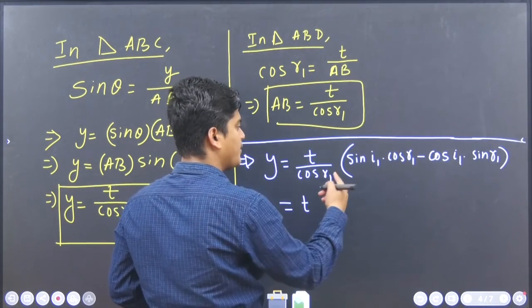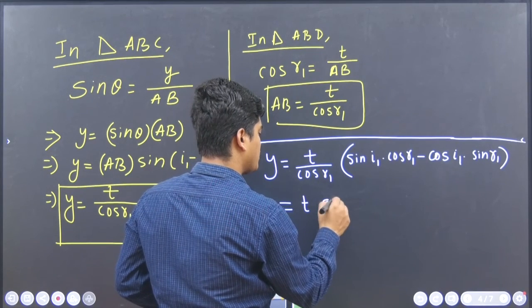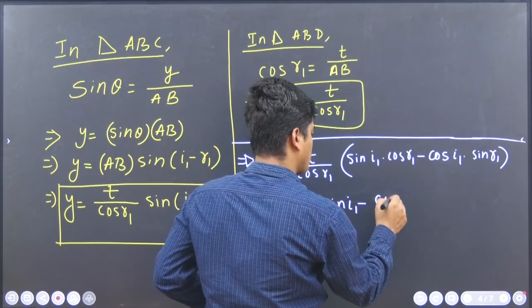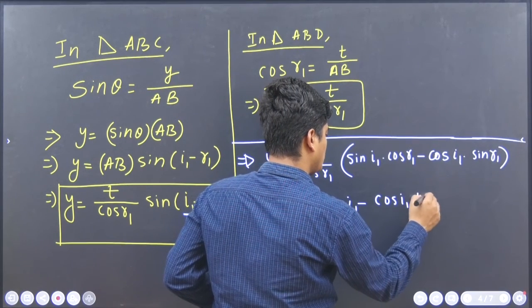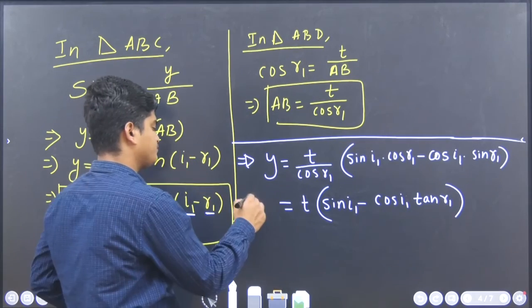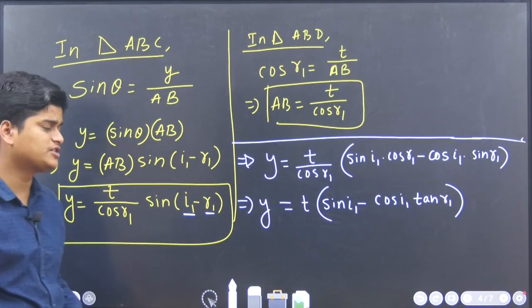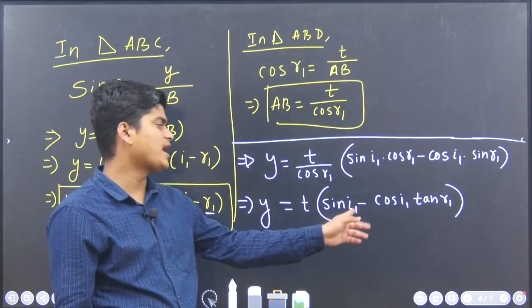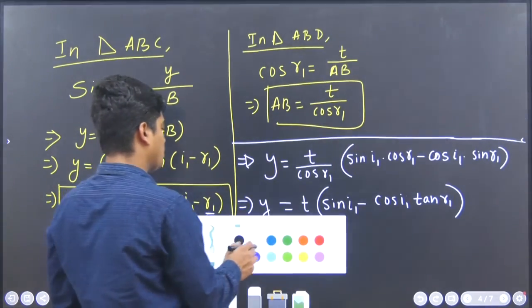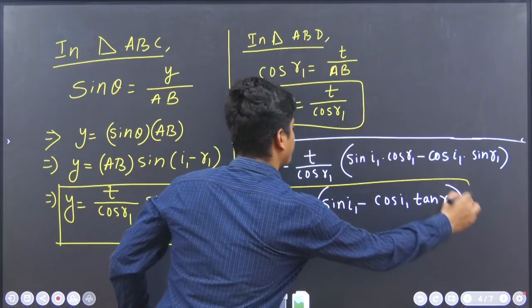Now if I divide by cos R1, it will become sin I1 minus cos I1 into tan R1. So this way also you can write lateral displacement is nothing but T times sin I1 minus cos I1 into tan R1.